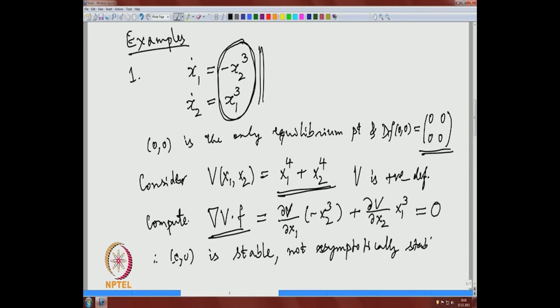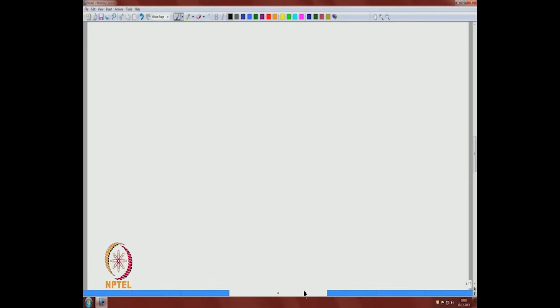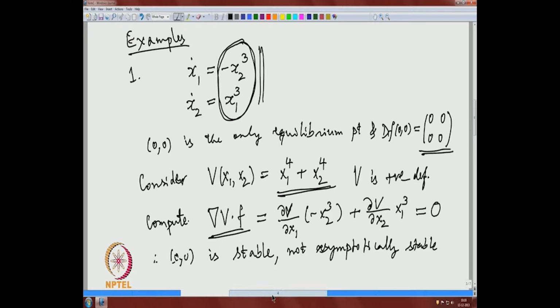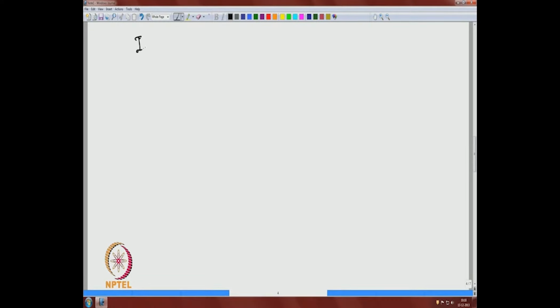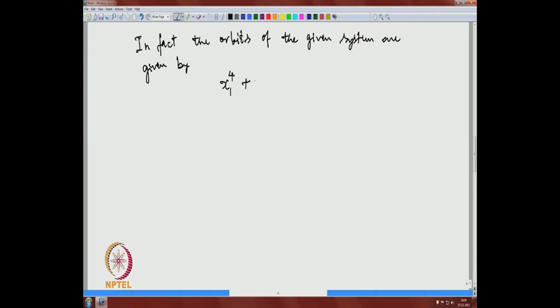In fact, this analysis tells us that the orbits of the given system are given by x1^4 plus x2^4 equal to a constant.